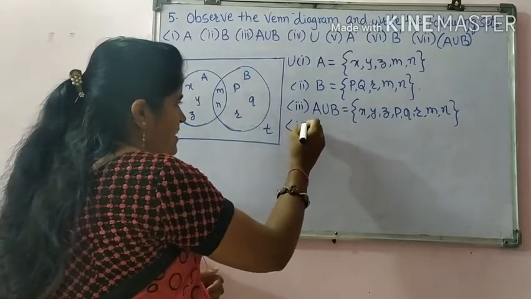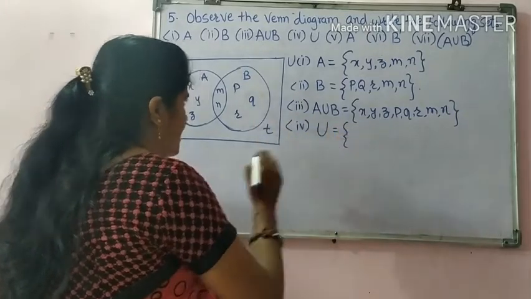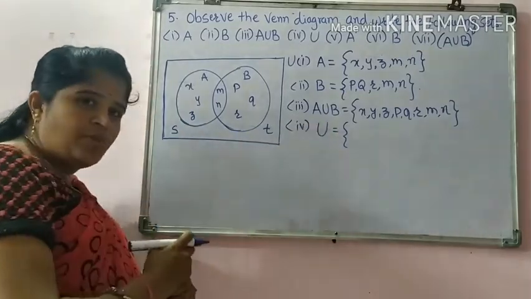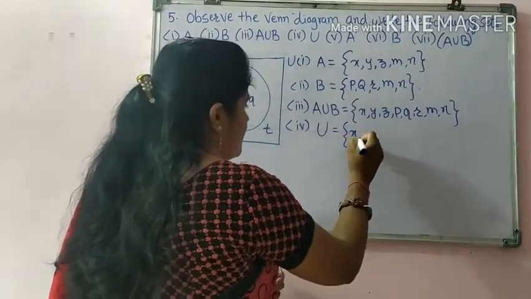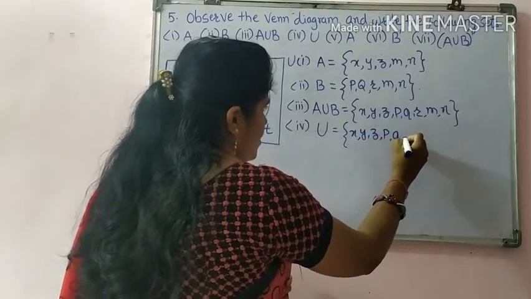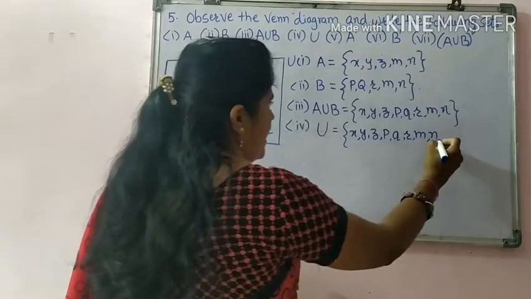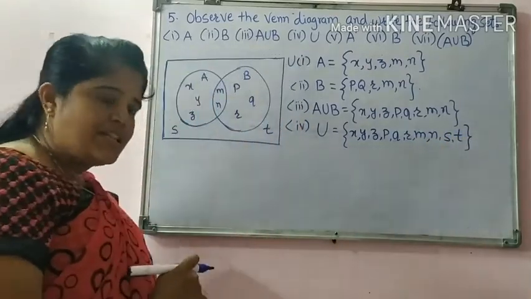In the universal set, there are all the elements. So U is equal to, in curly brackets, this S and T, both the elements will also be in the universal set. So U is equal to X, Y, Z, P, Q, R, M, N, S and T. This is our universal set.